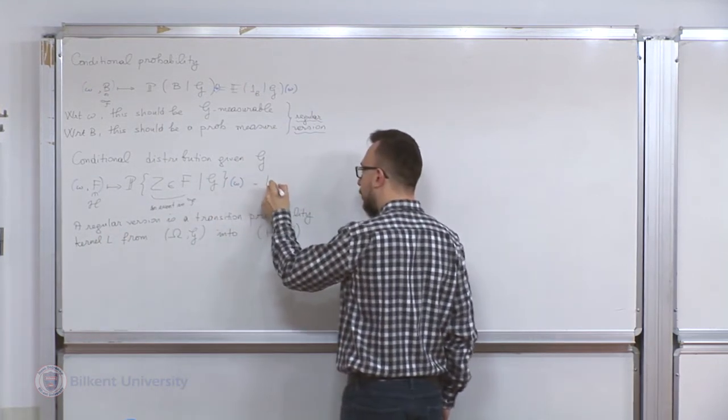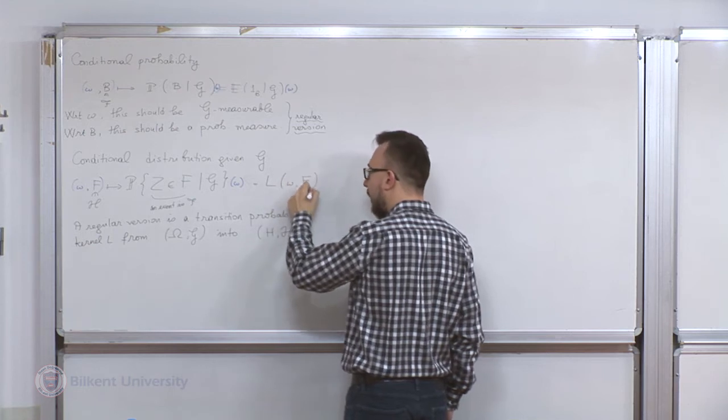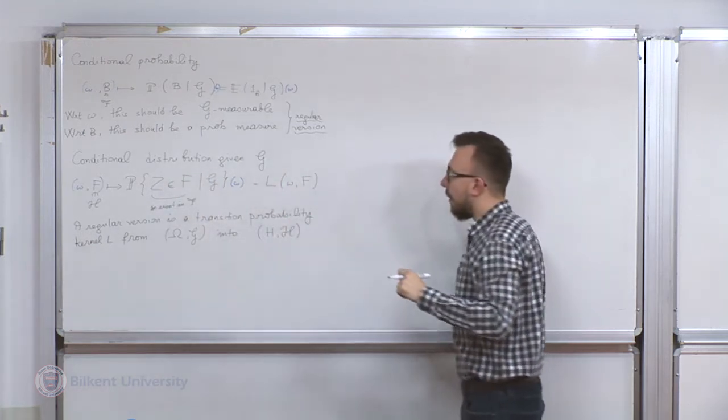So in this case, this should be L of omega and F, if you're talking about a regular version.